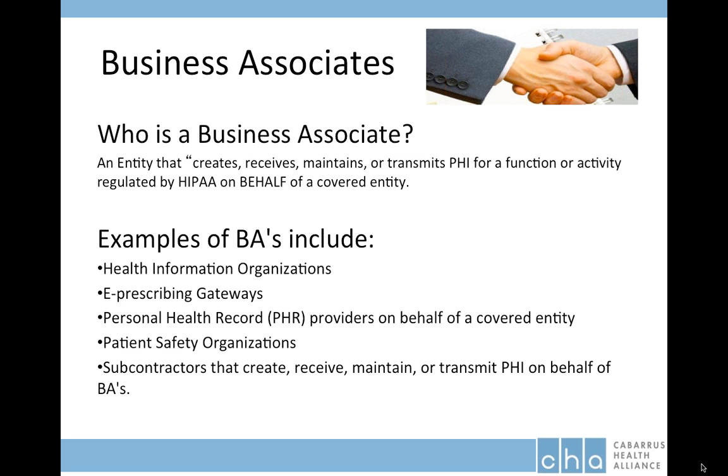Anybody who has any kind of access to our records is a business associate and must have an agreement on file and must follow the same kind of security precautions that we follow here to protect our patients' data. If for some reason you think you're about to start sharing information with somebody new, stop. You need to talk to the HIPAA security officer, the HIPAA privacy officer. You need to make sure that we have a business associate agreement and that we're only providing access to our systems that's essential to a business function.